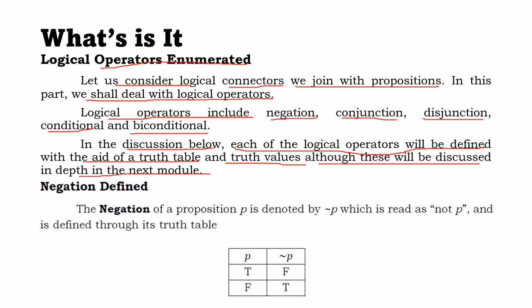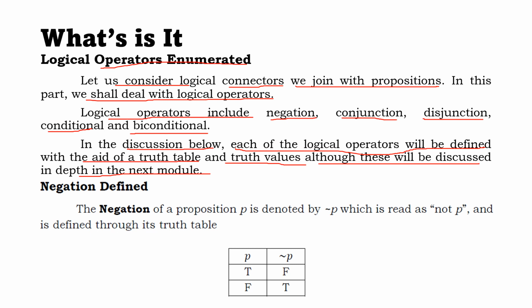We just use a truth table here to define what a negation, conjunction, disjunction, conditional and biconditional is. But in the next module, we're going to discuss more about these.